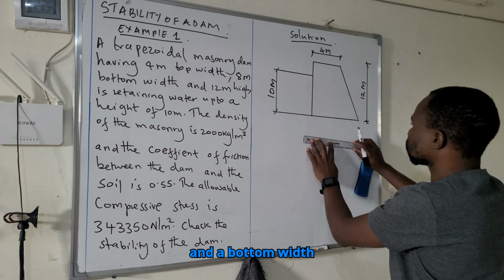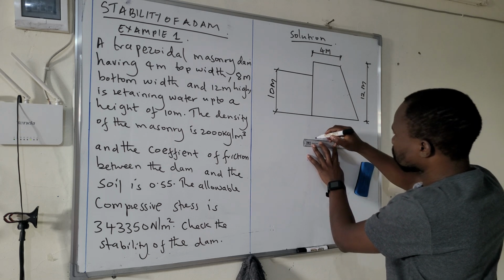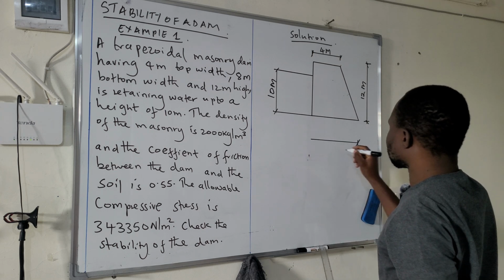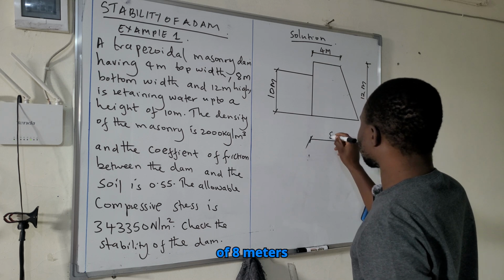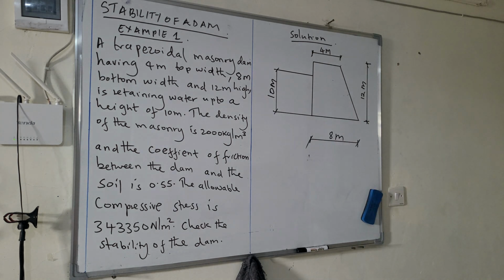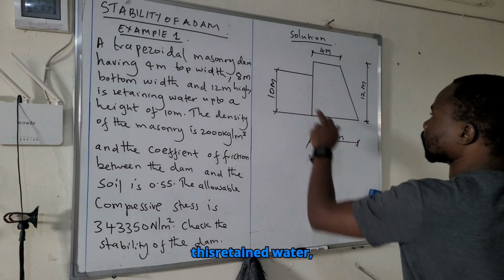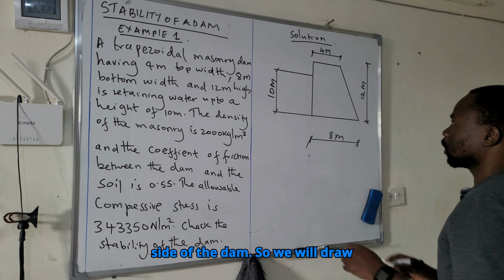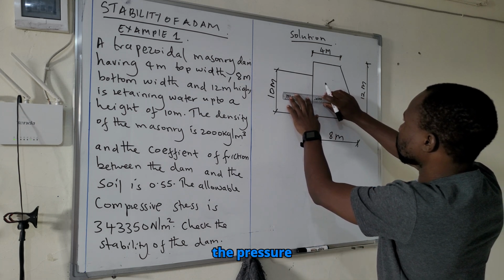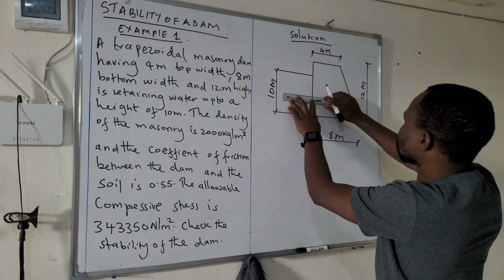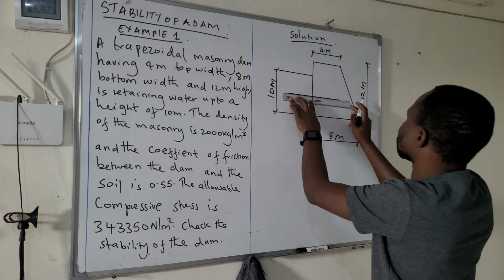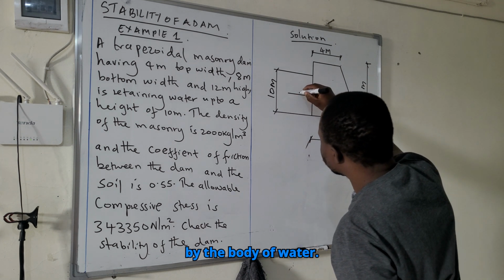And a bottom width of 8 meters, like that. So we know that this retained water exerts a pressure on this one side of the dam. So we will draw the force exerted by the body of water.